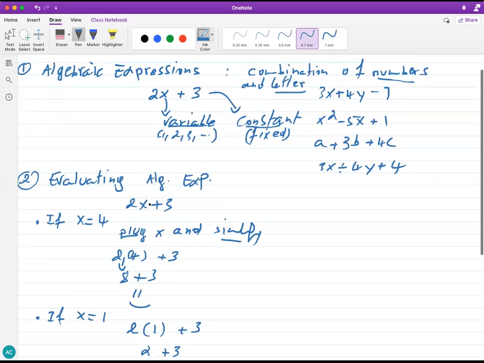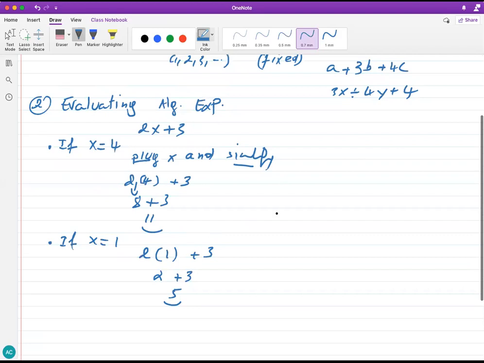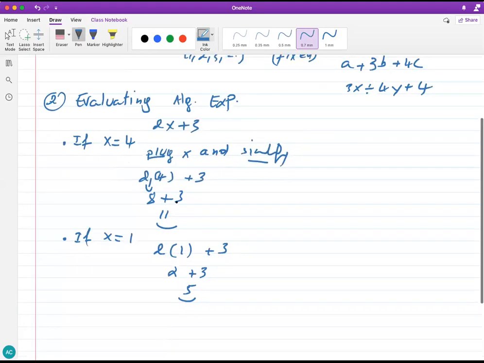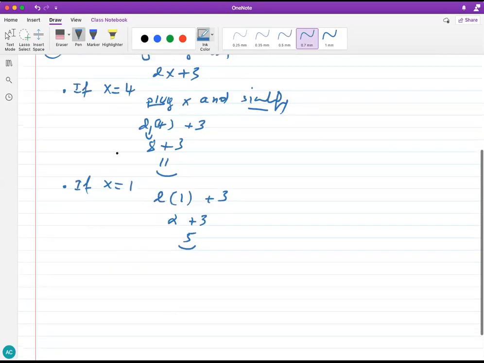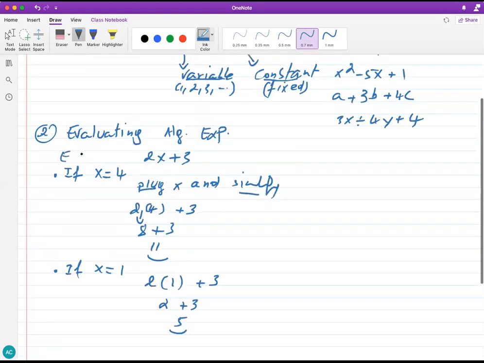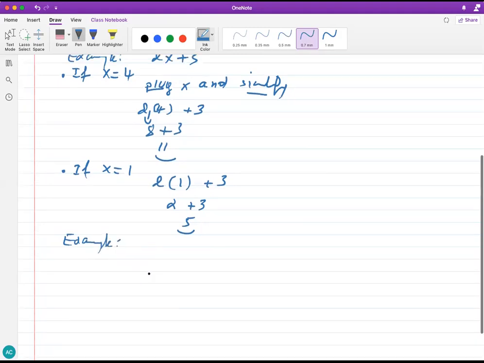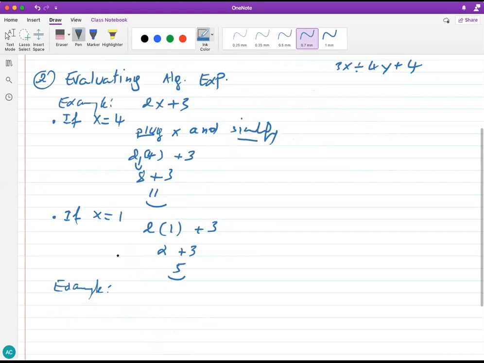Not the 3. 3 will always be there. It's a constant. If you have more than one variable, x and y, then both of them can change. You'll need 2 values to evaluate. So let's try to evaluate something like this. So that's an example. So another example here: 3x plus 4y.